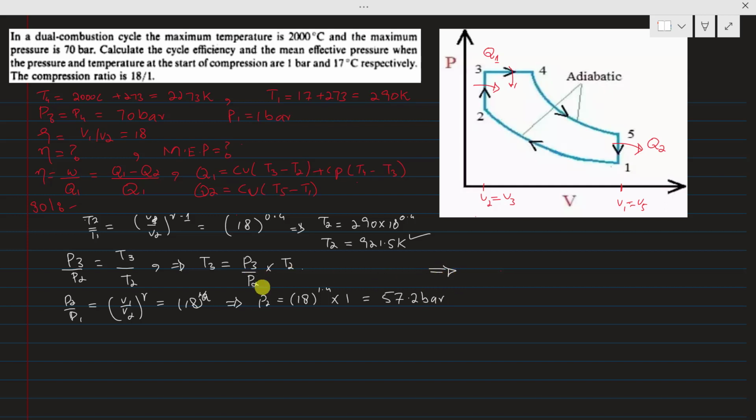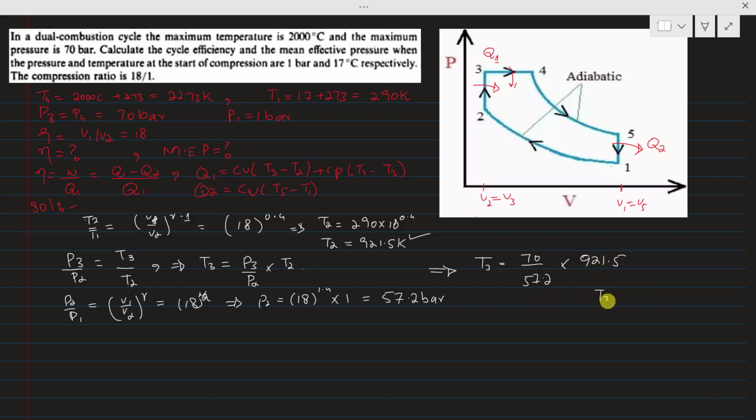Now simply put this P2 value in the formula to find the T3 value. T3 is equal to P3, the maximum 70, divided by 57.2, multiplied by T2, which is 921.5.